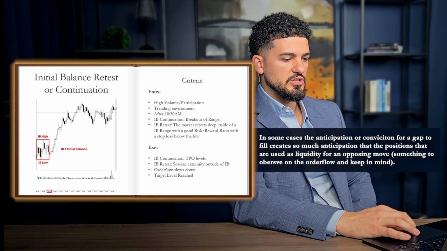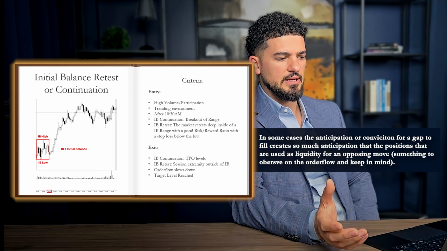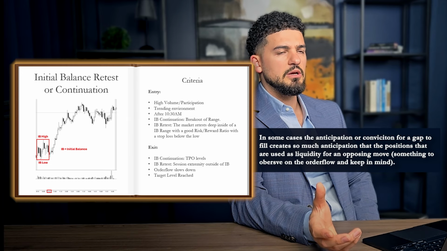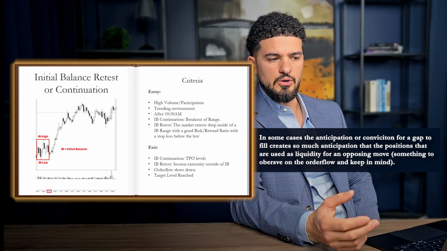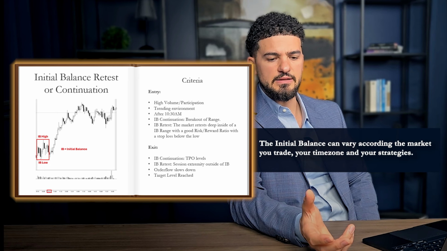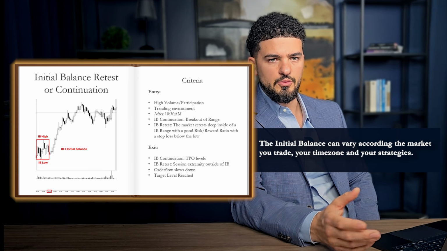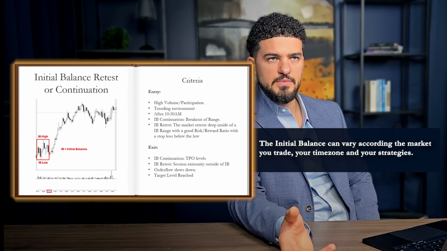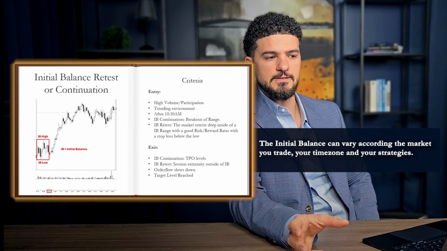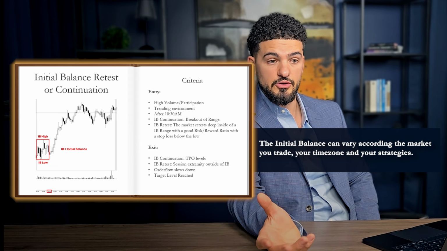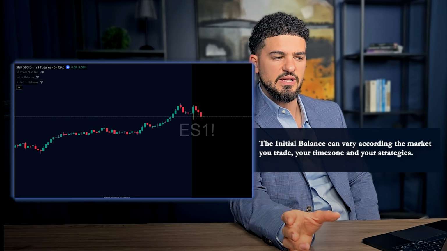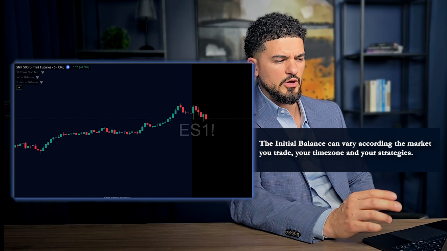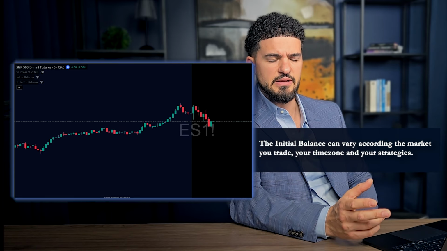Initial balance. There are different ways of using the initial balance. One play could be a breakout after the initial balance has occurred. As soon as the initial balance is defined, so we're looking at from 9:30 to 10:30, as soon as that period of time has occurred, we would look at a breakout of that box, and that's how we display it on the chart. And I've seen other traders display it in the same way.